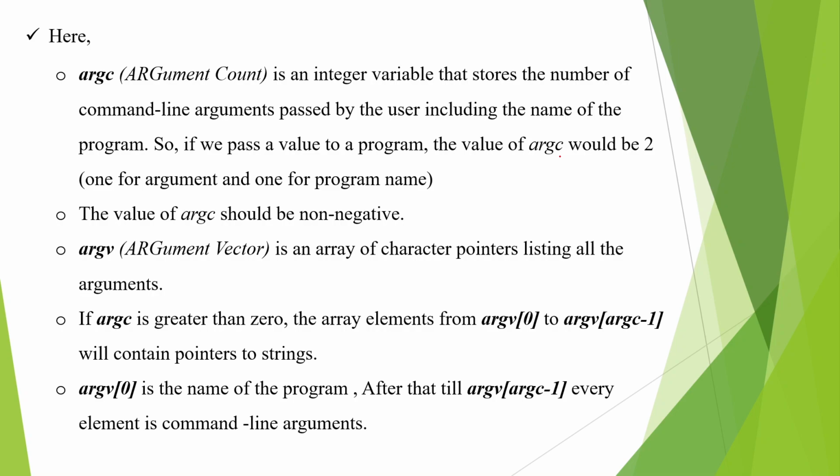If you pass only one command line argument after the file name, then your argument count is going to be 2, and with two command line arguments after the file name, your argument count is going to be 3.